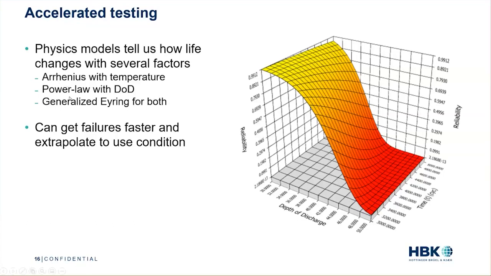These equations are in the software that you can use to increase the stresses in a controlled way, and through your understanding of the physics of what's going on, project back to the use condition, get that same use condition distribution. So we can test in a short period of time by cranking up the temperature and depth of discharge, and understand what that means in terms of when failures will occur, what percentage of failures will occur.